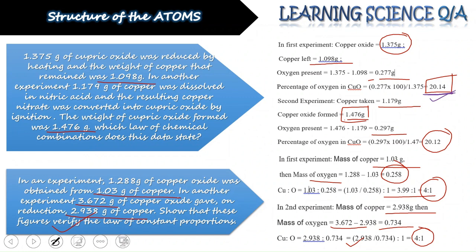So what I want to tell you here is that this information is standard, and it can be used in any such kind of question. Even during examination, if you are provided with the ratio and if you remember these questions, you can surely go for the answer, that the ratio between copper and oxygen in copper oxide is 4 is to 1, which is the standard ratio.